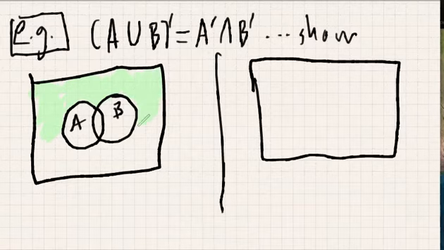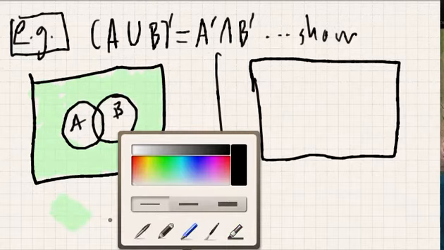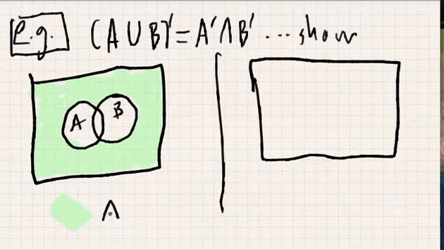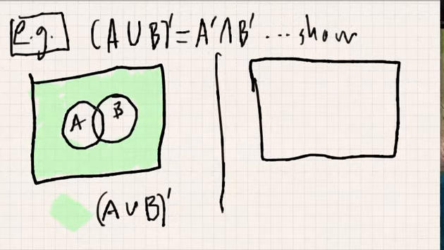Maybe I should just label it. This lovely green color here is A union B prime. Because A union B is everything I didn't shade in, so prime is everything outside of that.